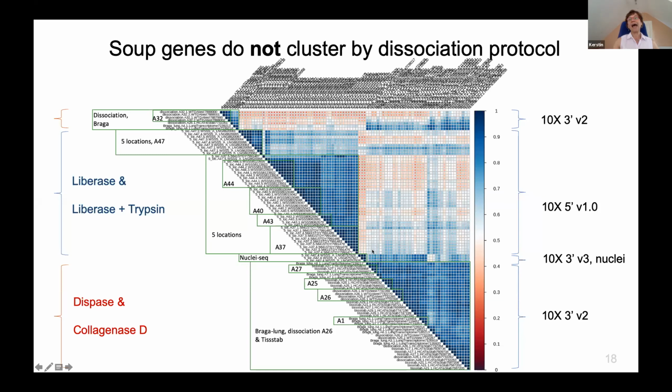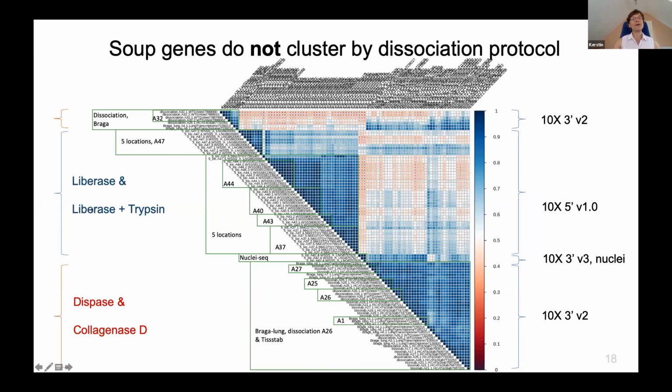So we then used all of those samples and clustered the reads that were removed by the SoupX filter. The most striking thing here is that it clusters primarily by the RNA sequencing protocol. This was 3' 10x and this was 5' 10x. But within these studies, this was the 5 location study, and these were the Braga and the tissue stability studies, there were actually different protocols used.